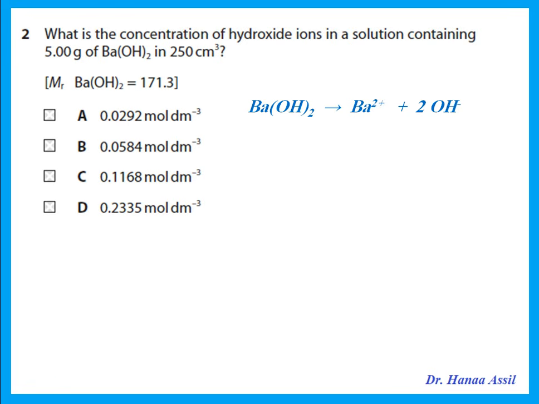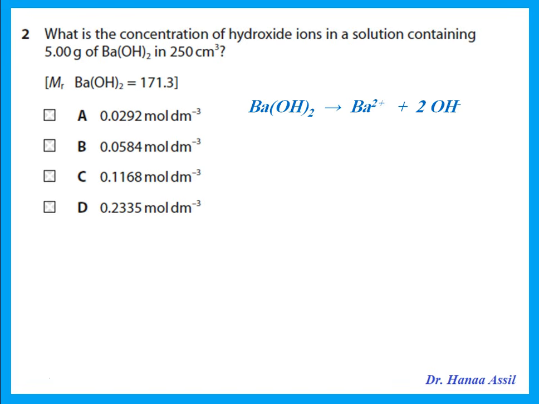But notice that 1 mole of barium hydroxide will give 2 moles of hydroxide ions. So if we say what is the concentration of hydroxide ions, then we should see the concentration of the barium hydroxide and then determine what would be the hydroxide ions.